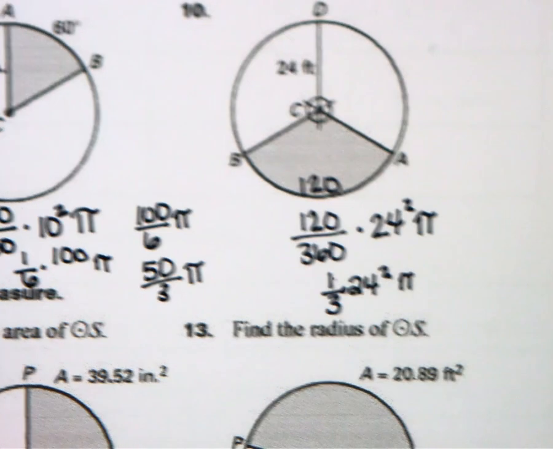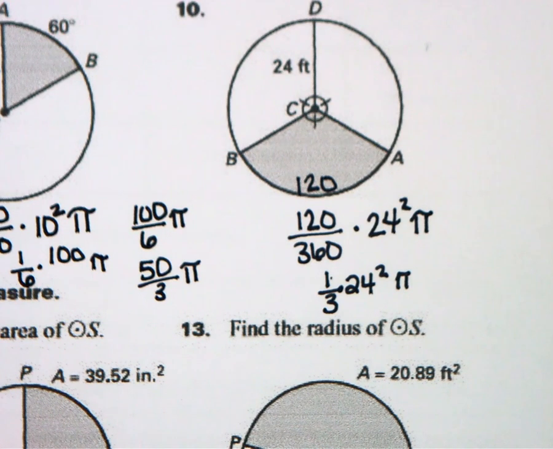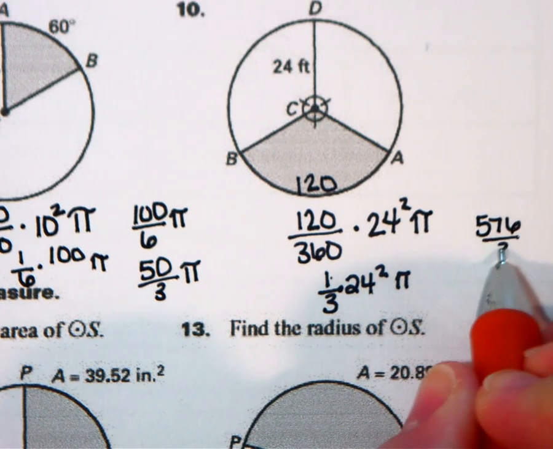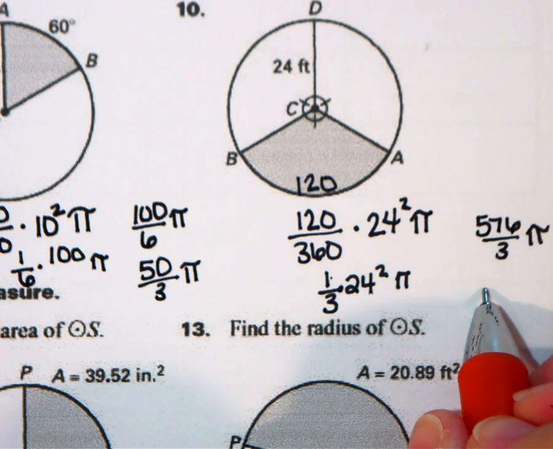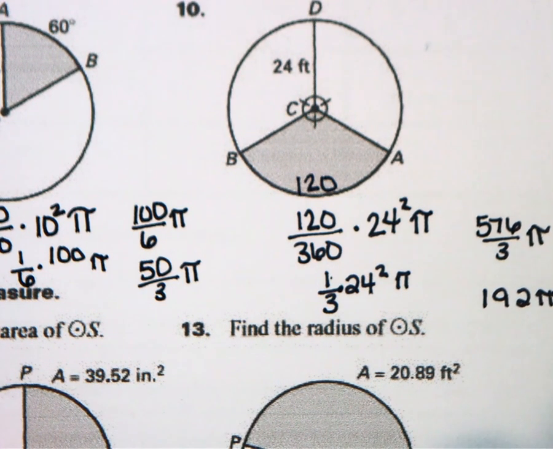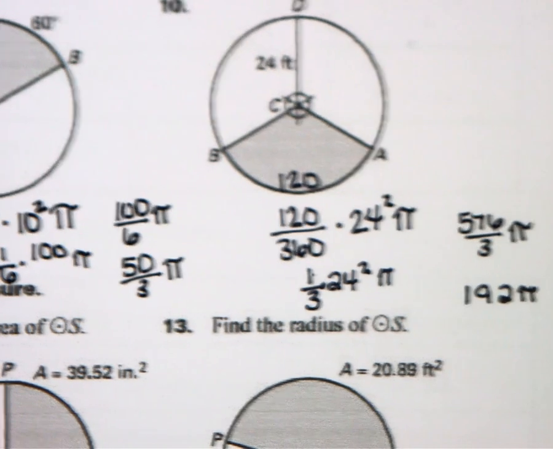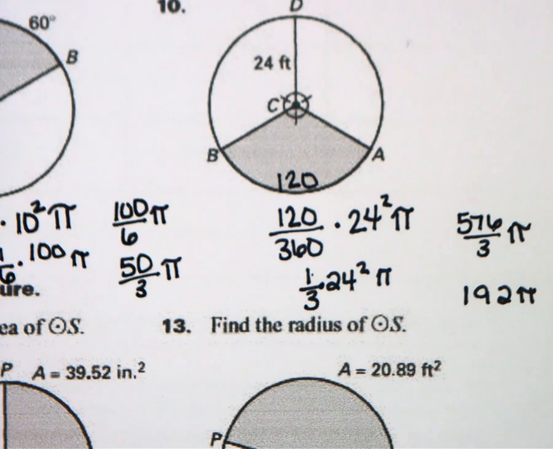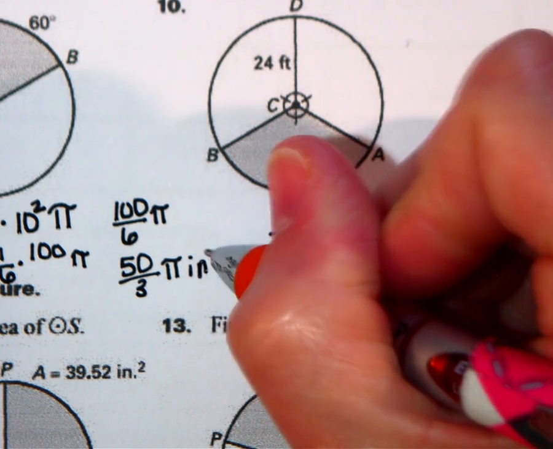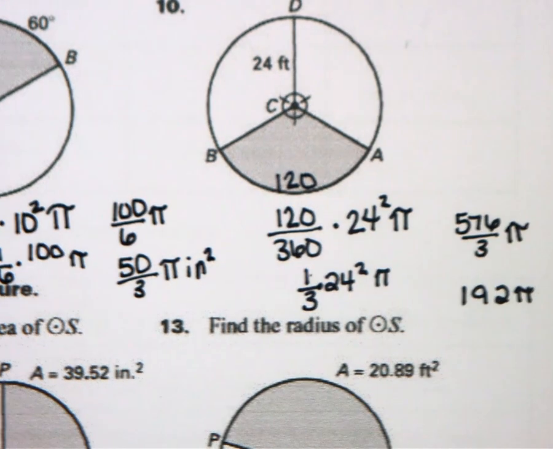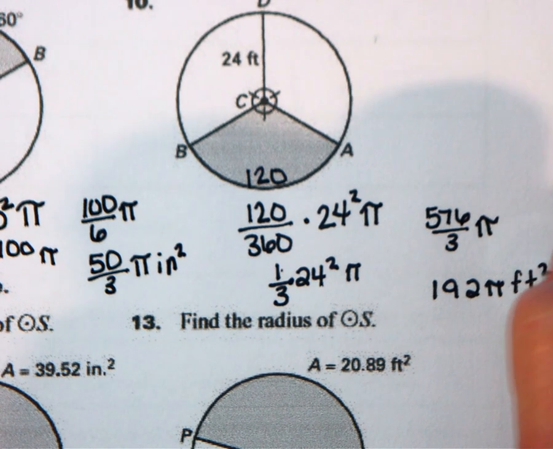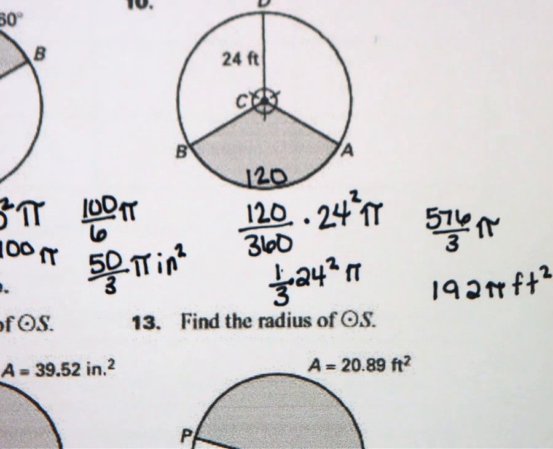Okay, so 576 divided by 3 is just 192 pi. Slide that over. Okay, so to make this the perfect answer, I should probably add in inches squared for this one and feet squared for this one. There we go.